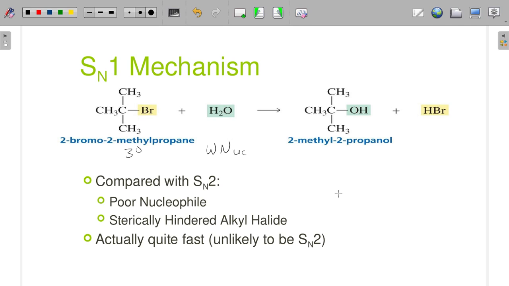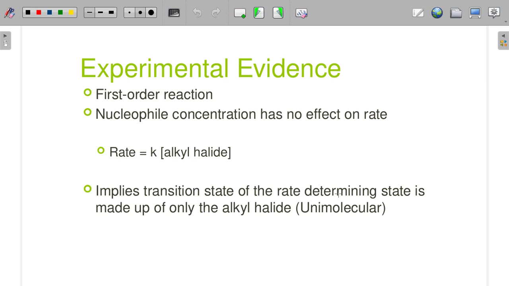All right, now the first thing we're going to see is that the 1 on that SN1 comes from the fact that the rate law is totally different. The rate law only involves the concentration of the alkyl halide, and the nucleophile has no effect whatsoever on the rate. Now, chemical kinetics implies that the slow step of the reaction only involves the alkyl halide.